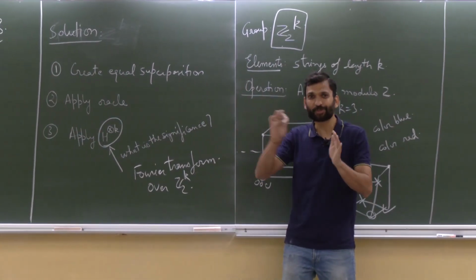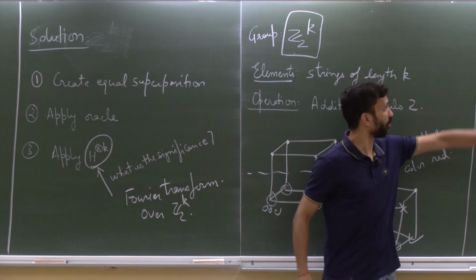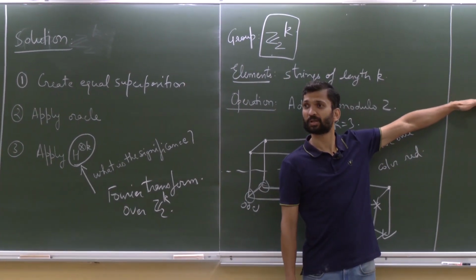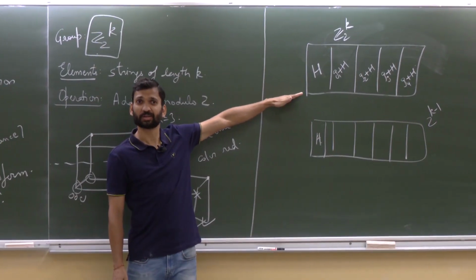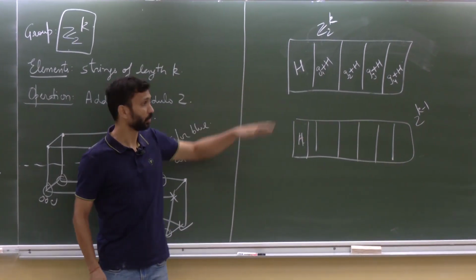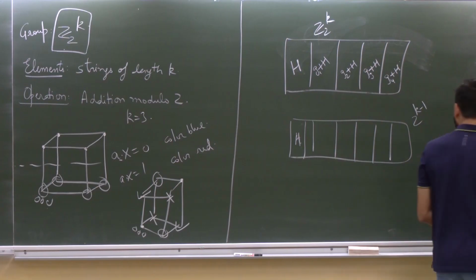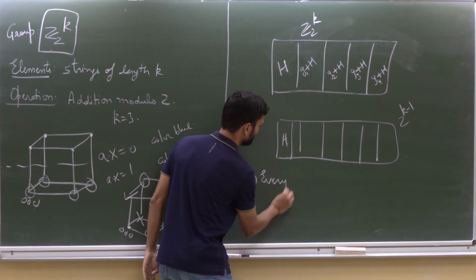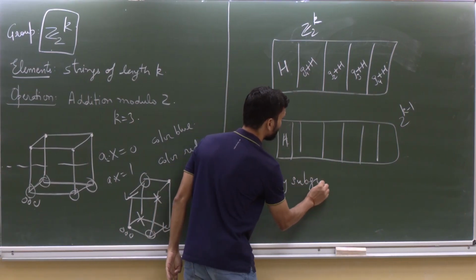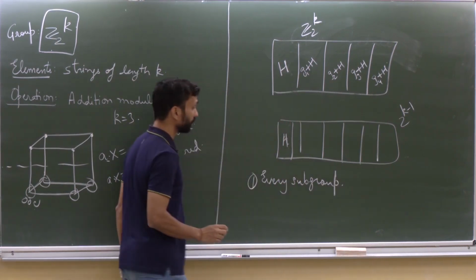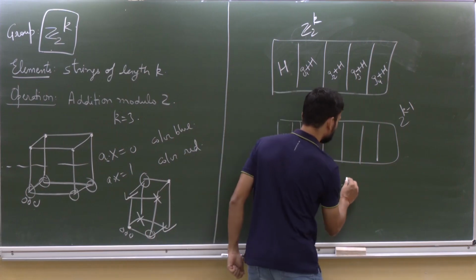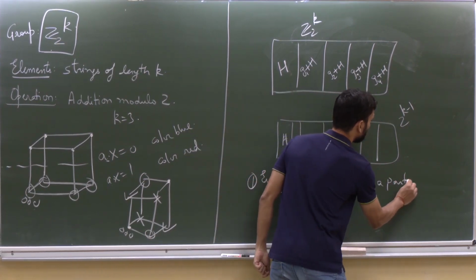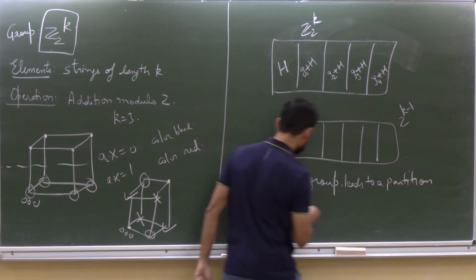What is Fourier transform? Watch the video. What is this partition structure? You can figure out using, again, the lecture video. Okay, but what we will remember is that every subgroup leads to a partition.